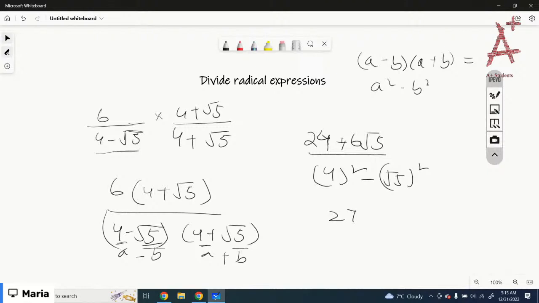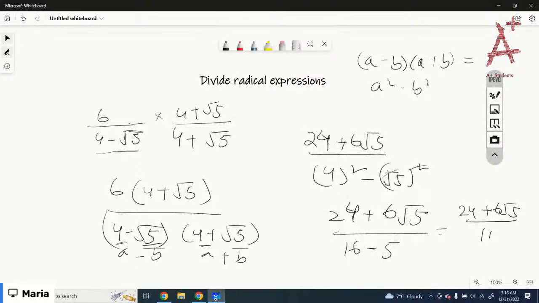So it would be 24 plus 6 square root 5 divided by 4 times 4 is 16, and 16 minus 5, since the square and square root cancel out each other. It would be 5. Got it? 16 minus 5 is 11. It would be 24 plus 6 square root 5 divided by 11.